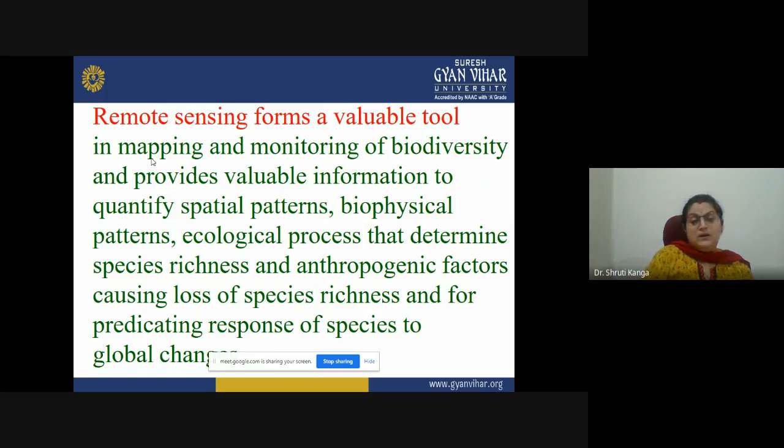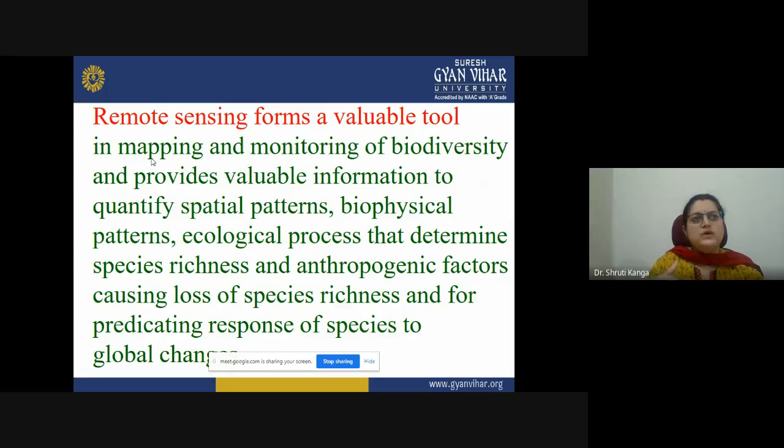Because our concern right now is forest mapping and monitoring of different biodiversity, and it also provides us valuable information to quantify the spatial patterns of forest that a particular area has.